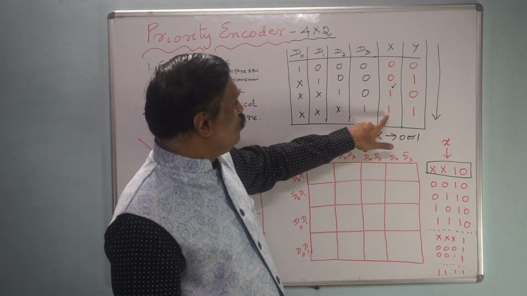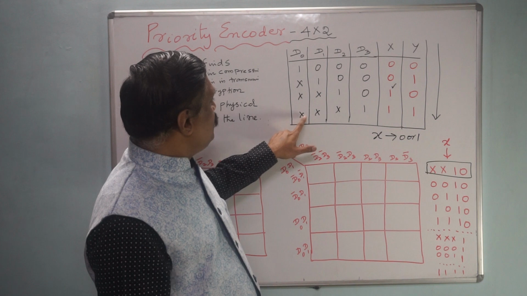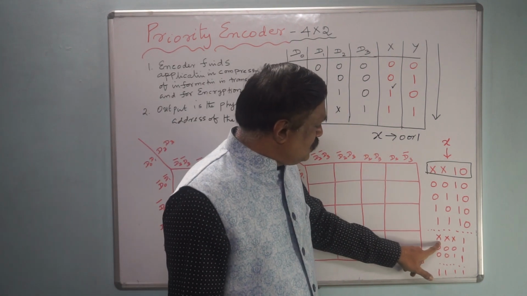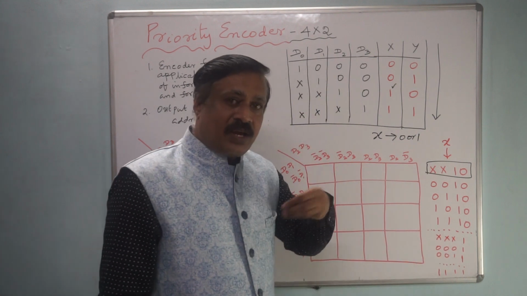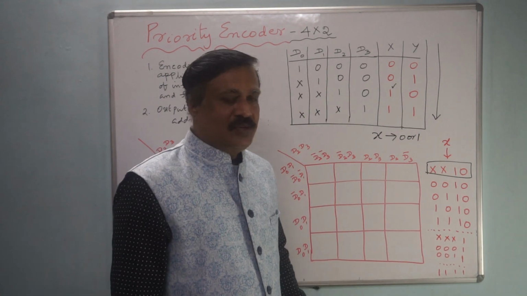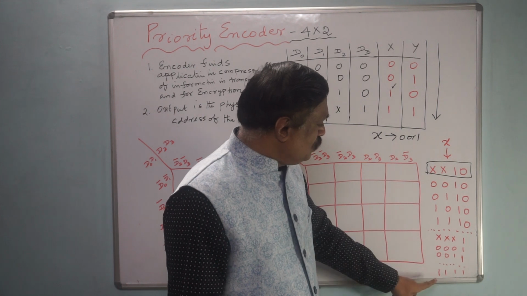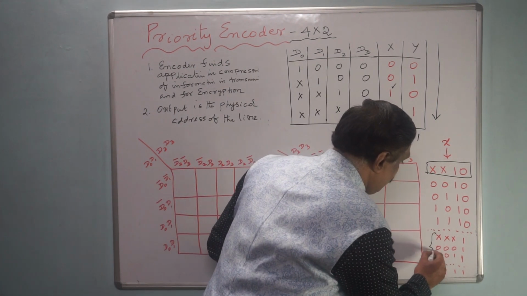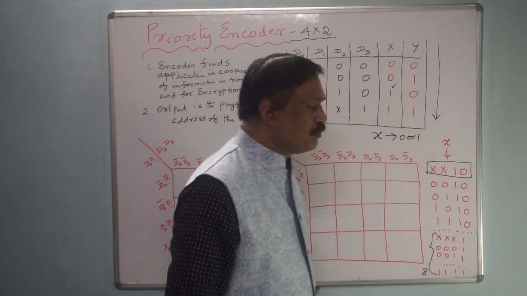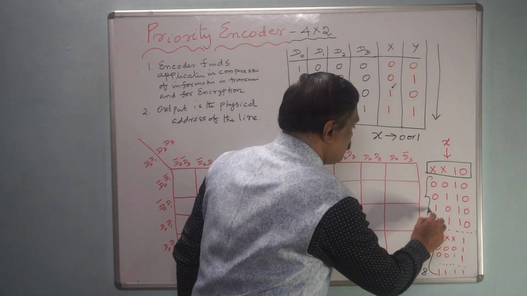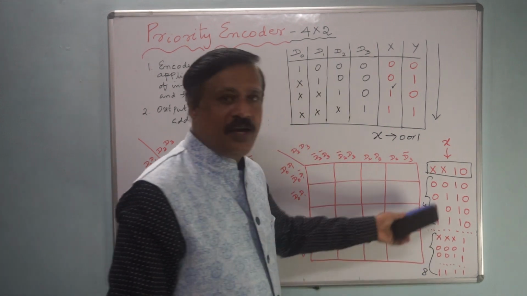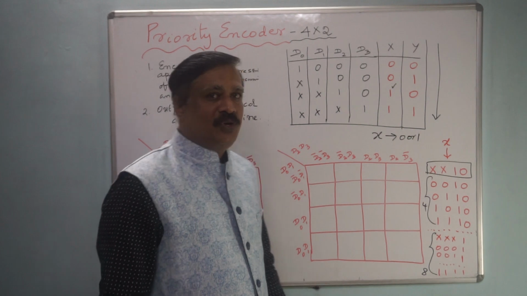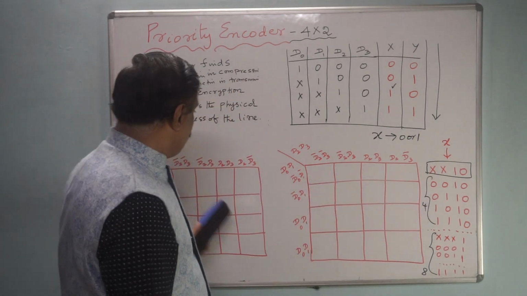And for this one, it is X1, where the 3 X's can have 8 possibilities from 000 to 111. That means you will have 8 combinations here. Here 4 combinations and here 8 combinations, so a total of 12. You have to fill those 12 here.